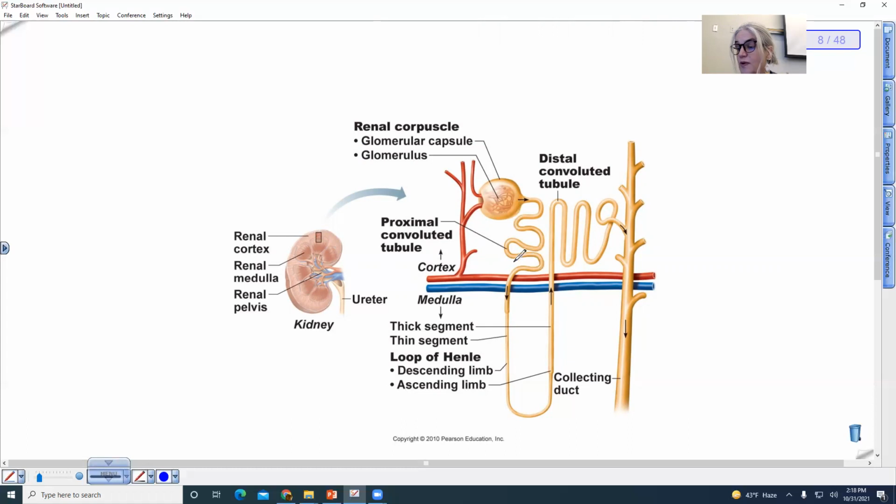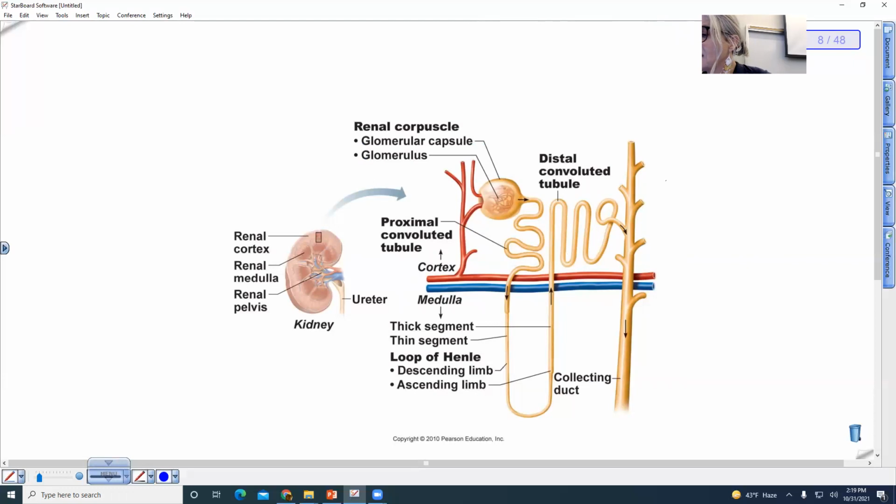Then we have this loop of Henle coming down, and this would be in the medulla. Remember that in the medulla, we had these pyramids. The reason they look like that is that they have, in many cases, these long loops of Henle, and they also have collecting ducts. Then we have the distal convoluted tubule, and then this goes into a collecting duct.